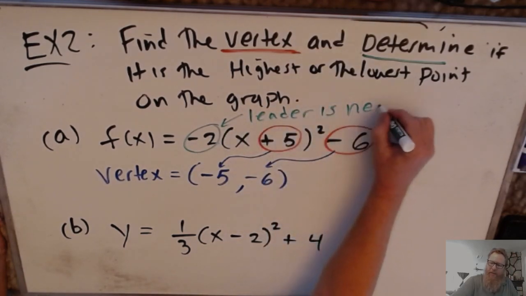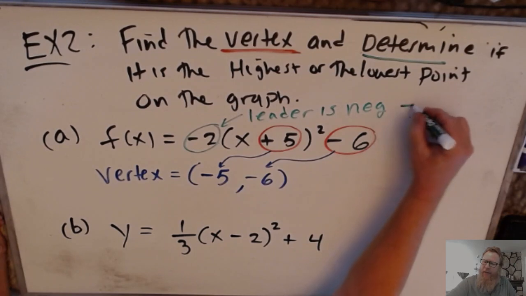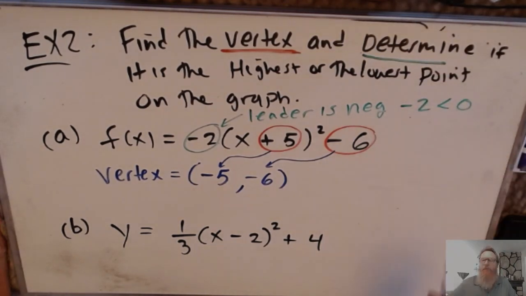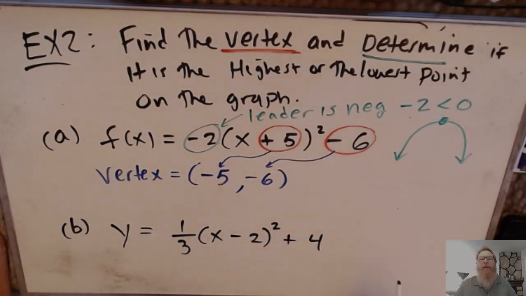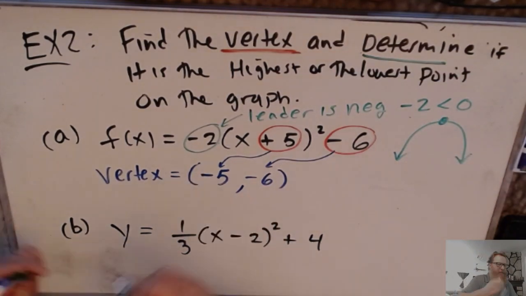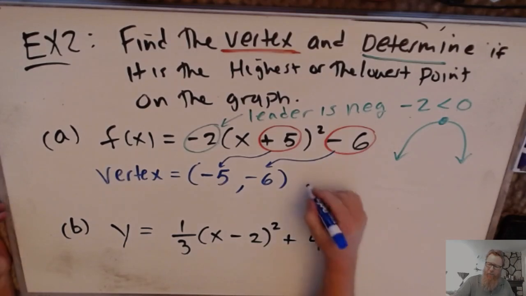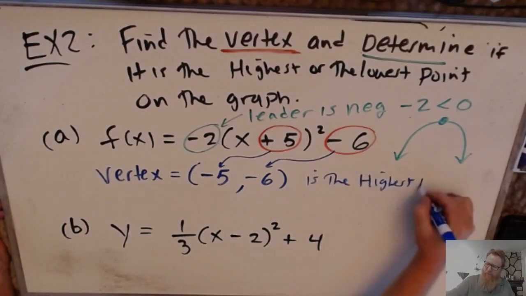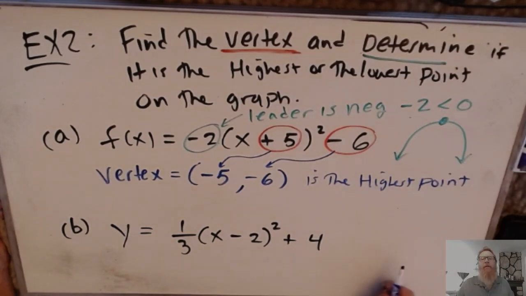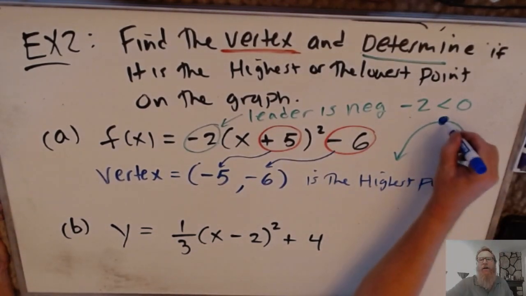The leader is negative. It's less than 0. So the graph opens down. So this is the highest point. It's the highest point on the graph right there.